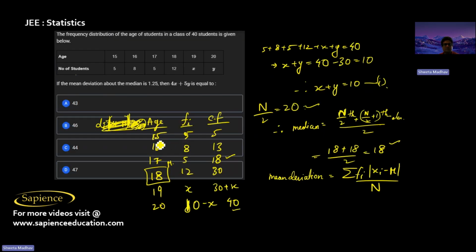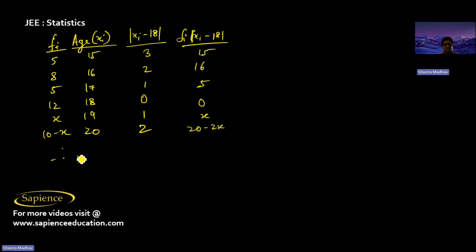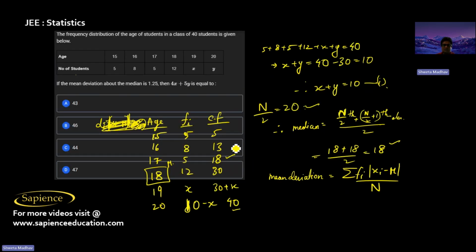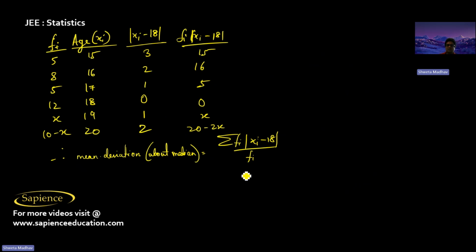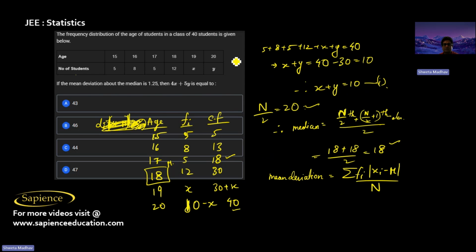Now, therefore, the mean deviation about the median, which is 18, would be equal to summation fi into mod of xi minus 18, divided by summation fi, which is n. Summation fi is 40.